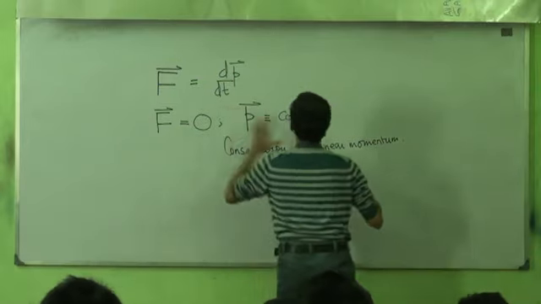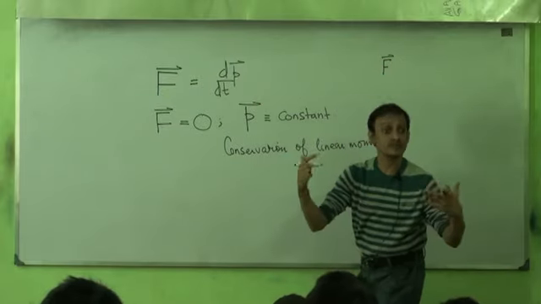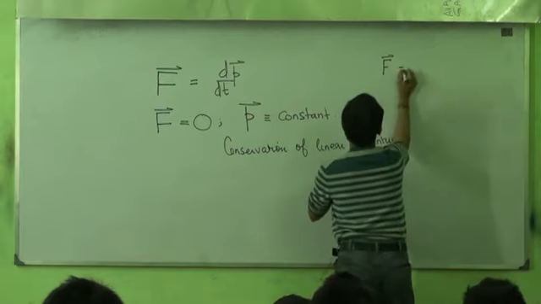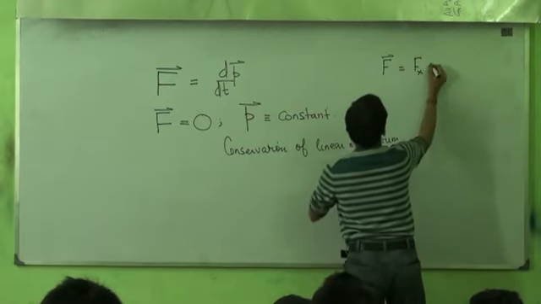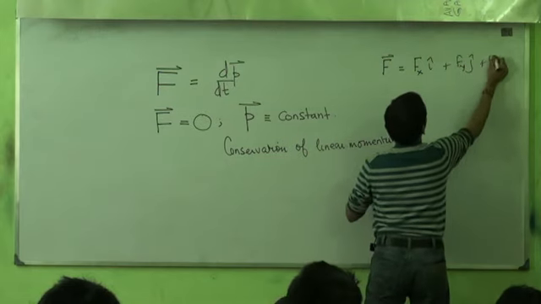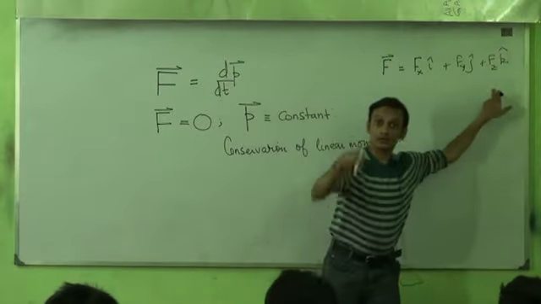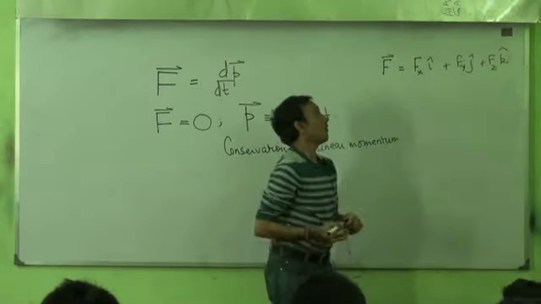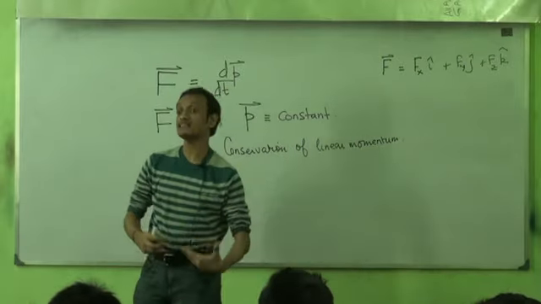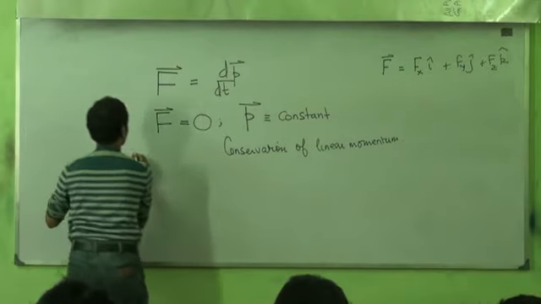Let's say there is a force F. In general, it's going to have 3 components: Fx, Fy, and Fz. Now, maybe F is not 0, but let's say its component in the x direction is 0. Say Fx is 0.